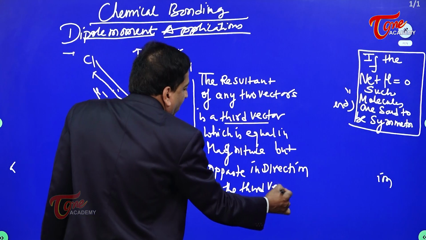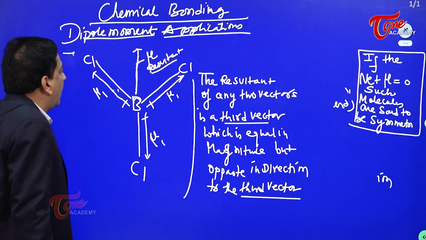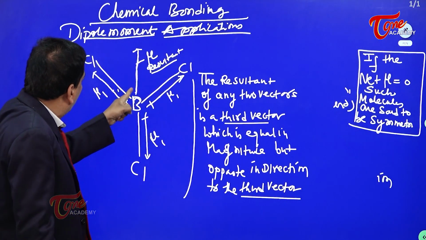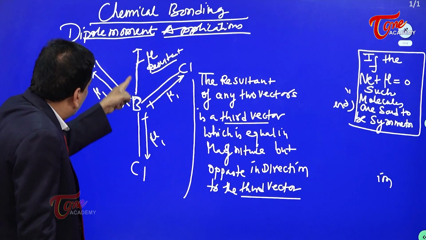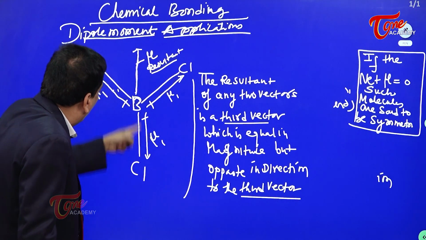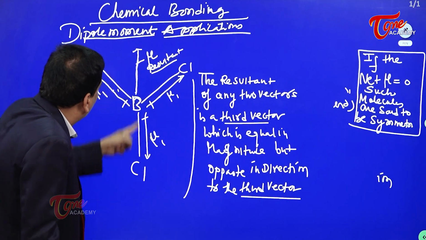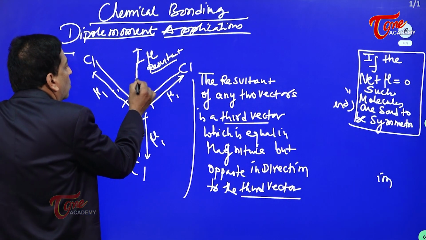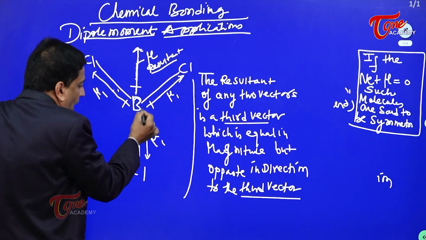You can actually see the resultant of these two vectors and this vector are equal in magnitude but opposite in direction, this way and this way.